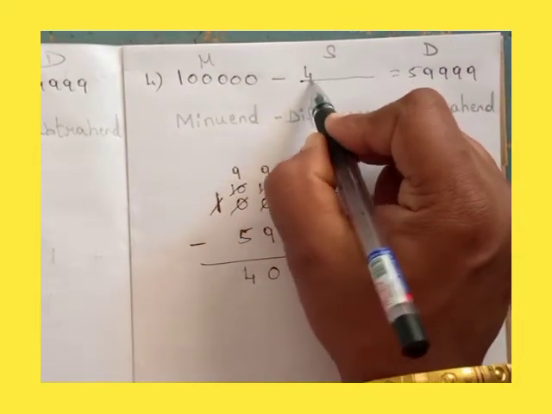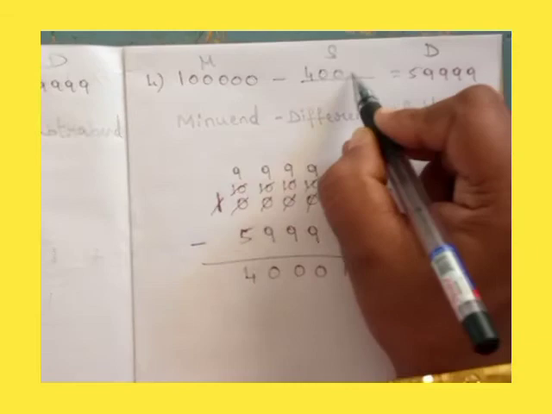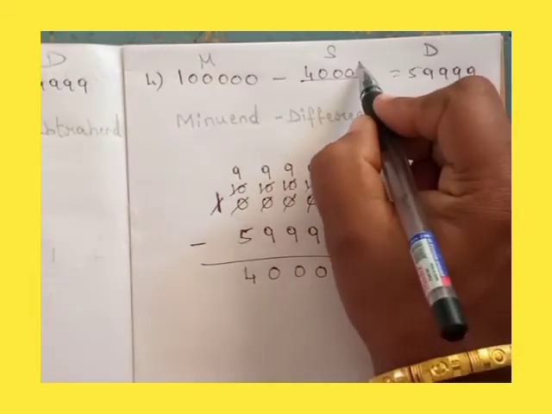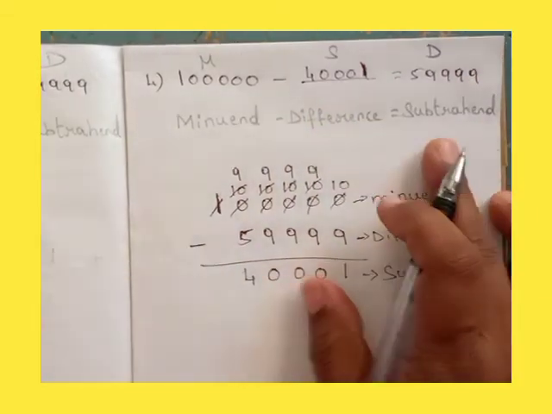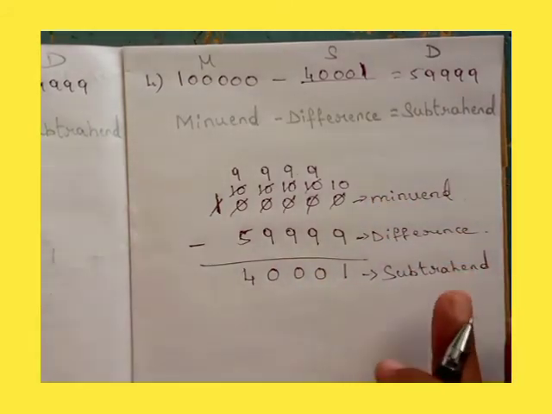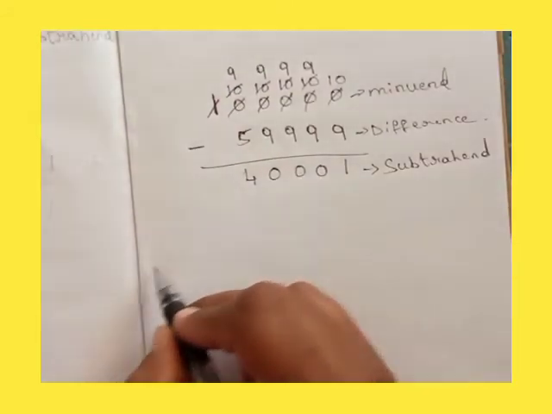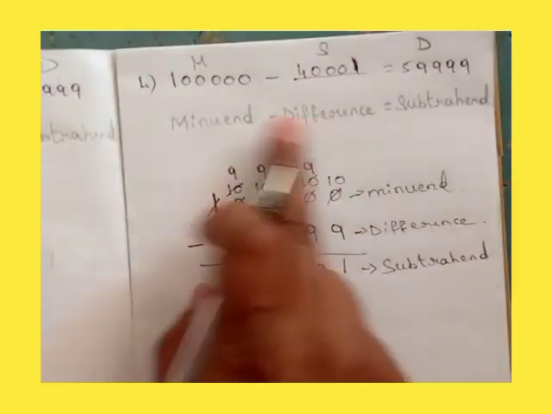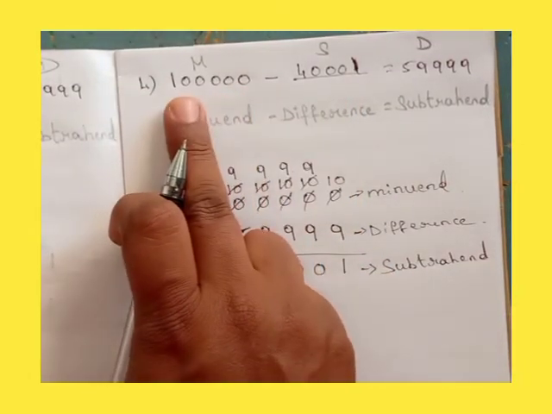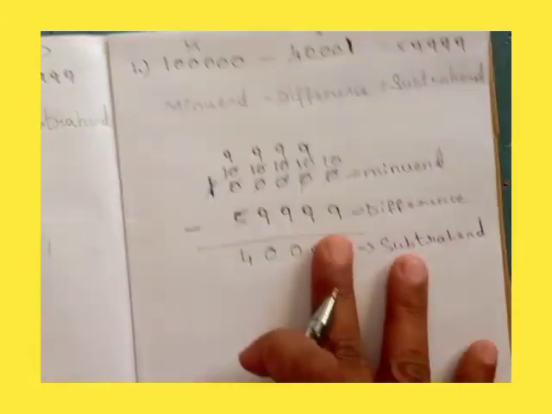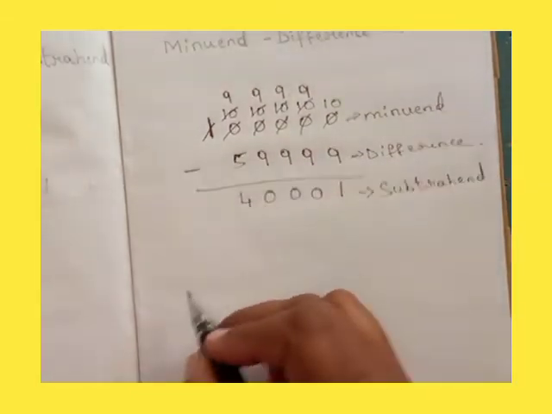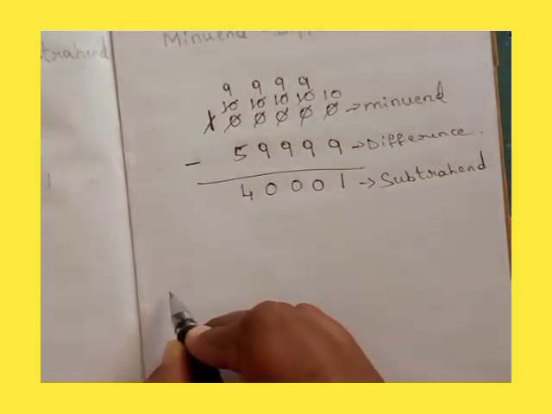So this will be 40,001. To find out whether this is correct or wrong, what should we do? We should write the sum: 1 lakh minus 40,001. So let's write to find out.